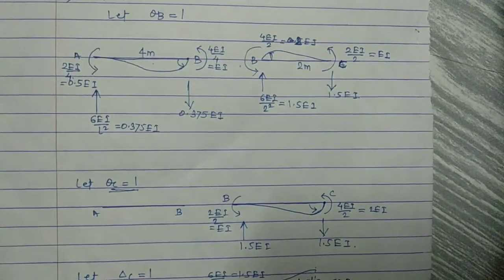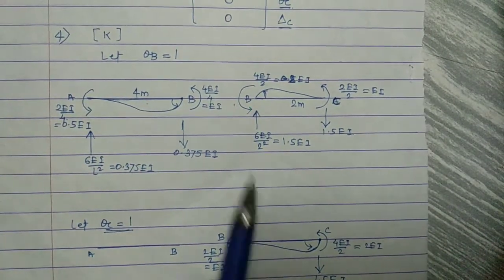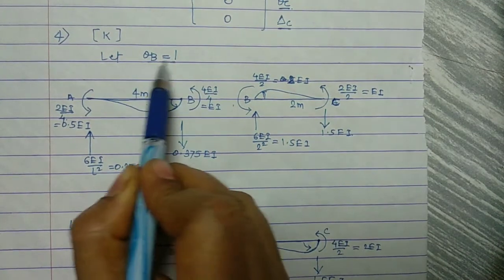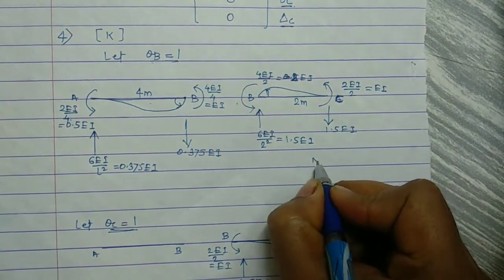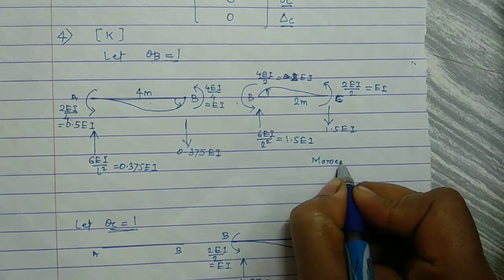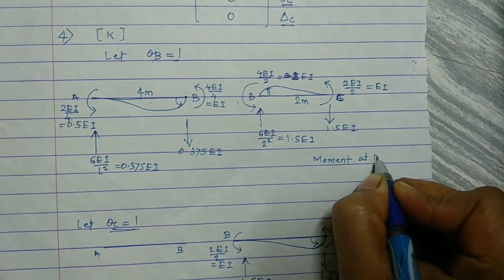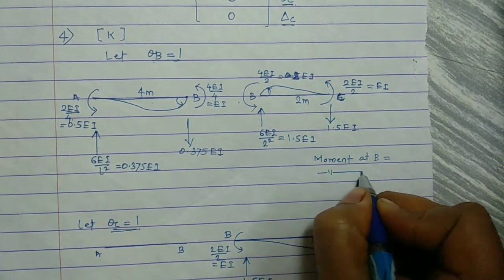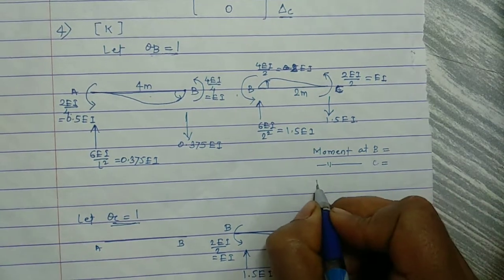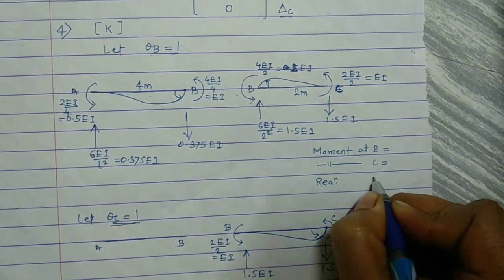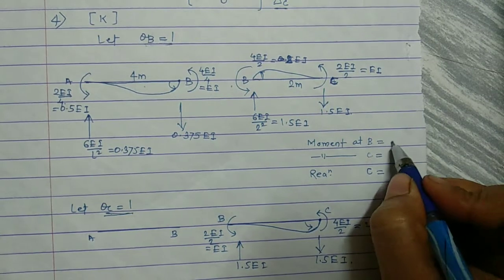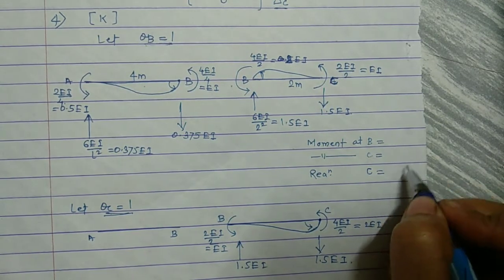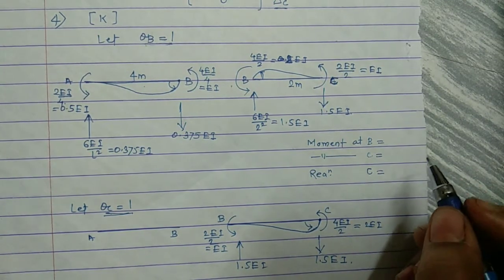So we will calculate all those values from these figures. Okay, here when theta b equals 1, we write moment at B, moment at C and reaction at C, and directly write these elements in the column of the matrix.